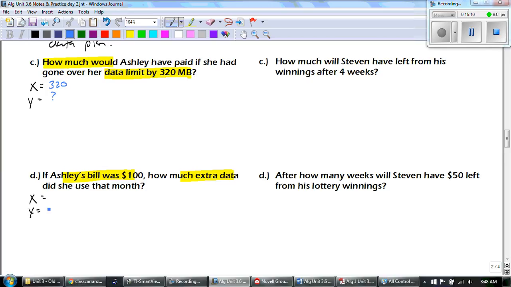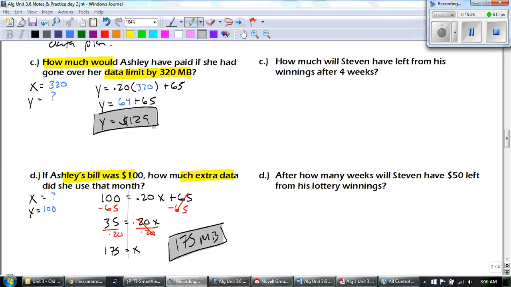So the bill is 100 and you don't know the data. So you're going to do both C and D. Go ahead and pause the video and good luck. Okay, so for C, you should have gotten $129. In D, 175 megabytes.